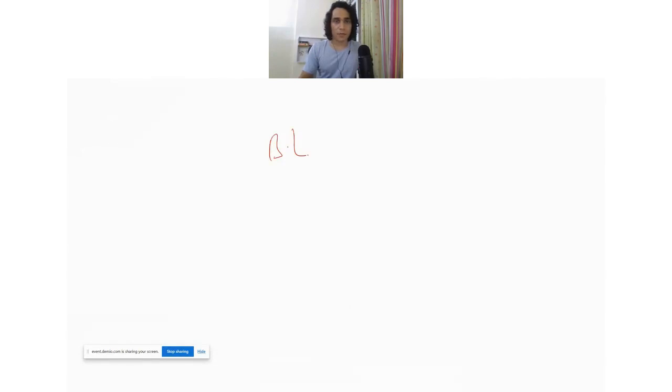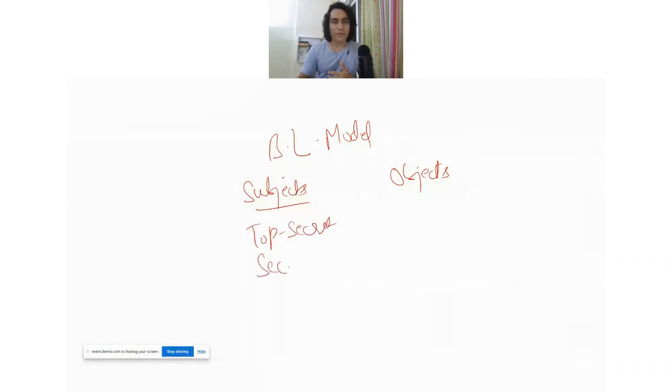This is the Bell-LaPadula model. So we have got subjects and we have got objects. Subjects have got different security levels. Maybe they could have a clearance of top secret, they could have a clearance of secret, and they could have a clearance of, let's say, public.